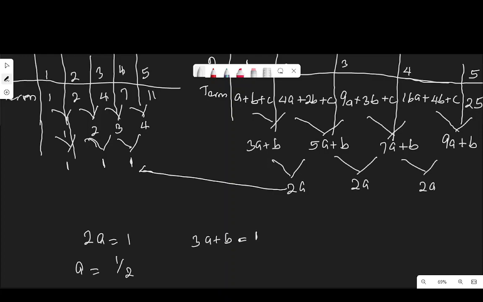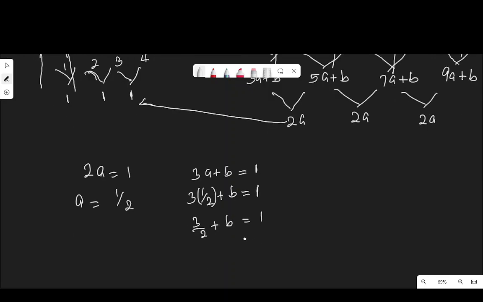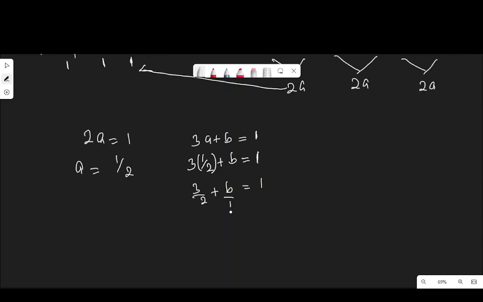And we've known a to be 1 over 2. That means 3 times 1 over 2 plus b is equal to 1. I open this bracket, that is 3 over 2 plus b equal to 1. This is a fraction here. If I solve the fraction, the LCM of 2 and 1 is 2.